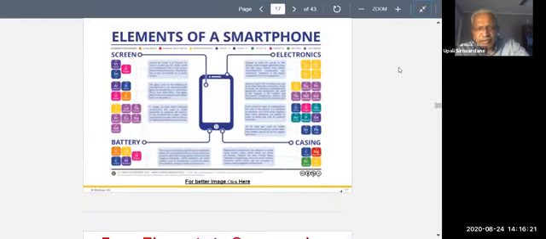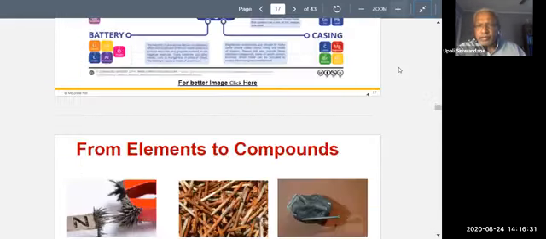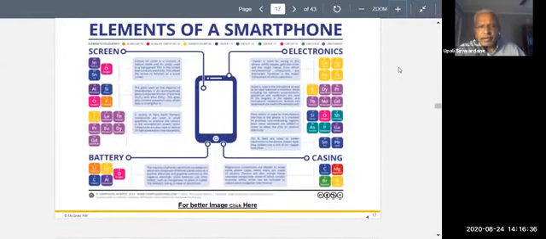Okay, this is the one I'm going to talk about: what elements are made out of different parts of the cell phone. It's hard to read here, but I'm going to summarize. A cell phone is made up of a screen, touch screen, electronics, battery, and casing. On the screen, there's a layer on top which is conductive.